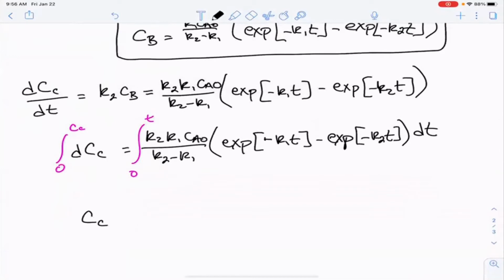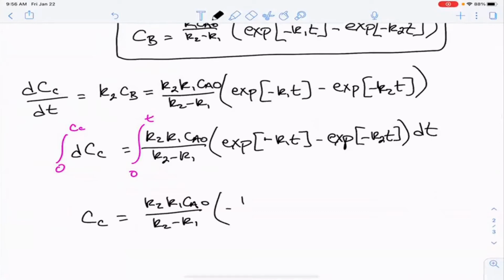And so that becomes the concentration of C is equal to K2 times K1 times CA0 over K2 minus K1, right? That's the constant, times, now we'll just integrate those.